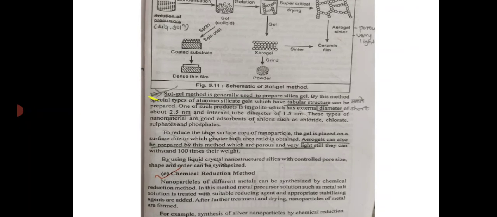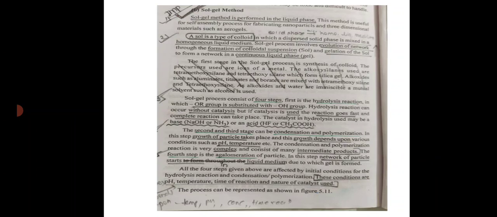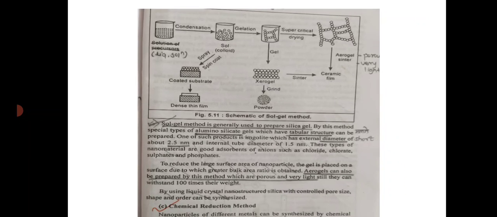All the 4 steps given above are affected by the initial conditions for the hydrolysis reaction and condensation polymerization. These conditions are pH, temperature, time of reaction and nature of catalyst used. The process can be represented as shown in the figure.